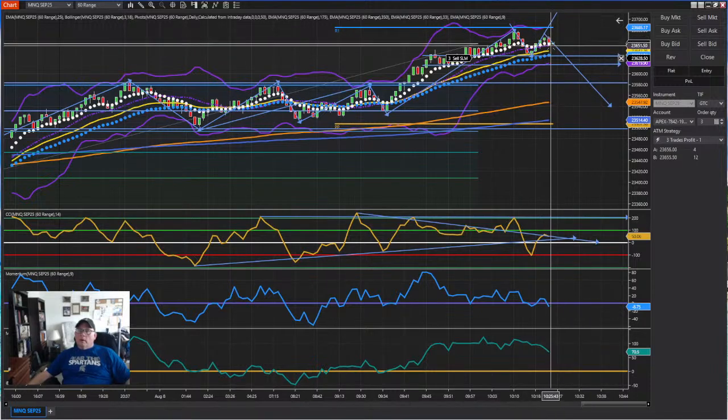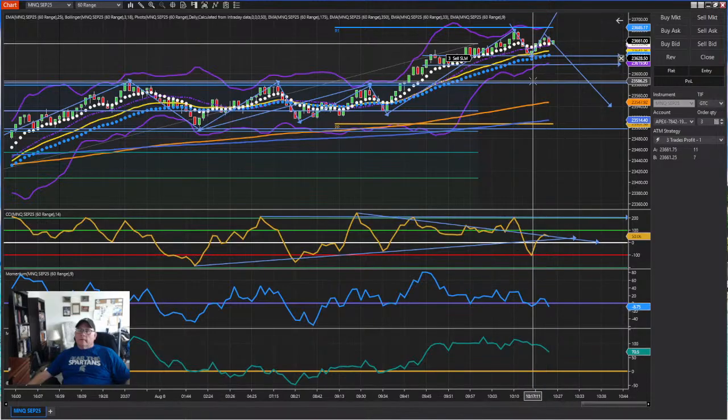One more red bar. See if we get another one.